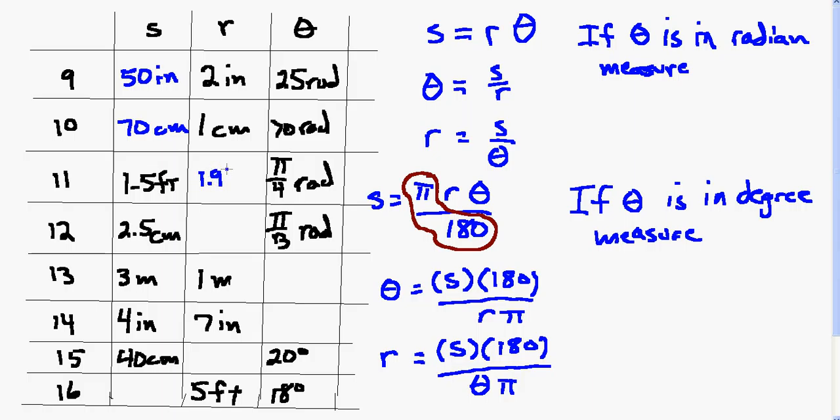Here again I'm looking for radius. So I'm going to again divide S by, this time, pi over 3. So 2.5 divided by pi over 3, and I wind up with approximately 2.39 centimeters.